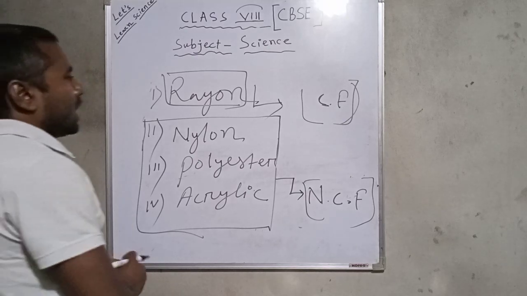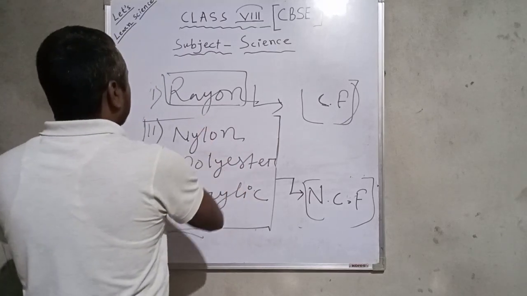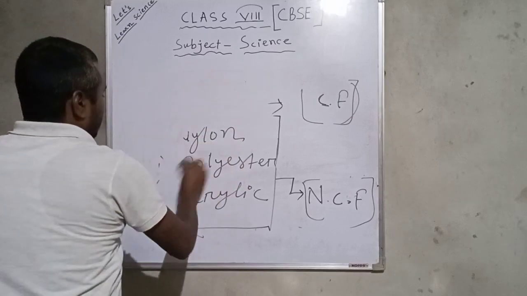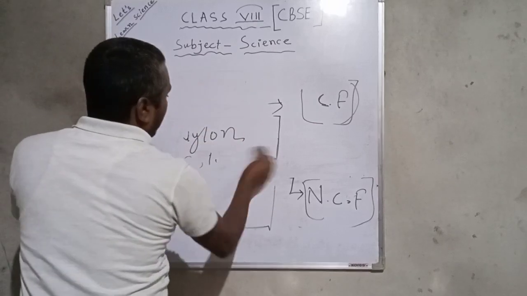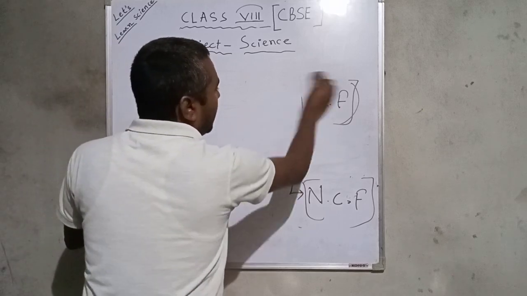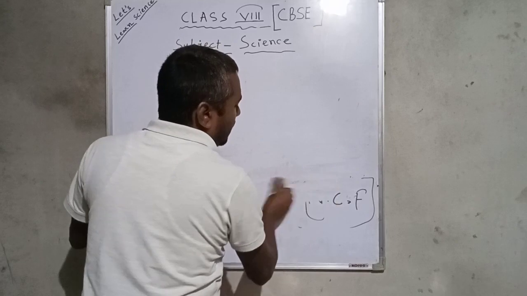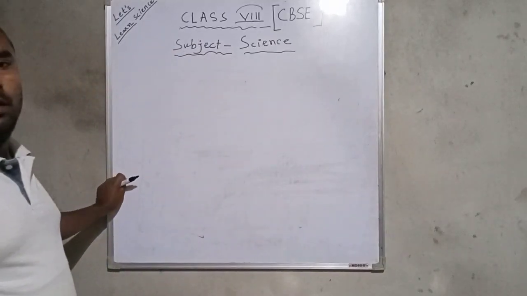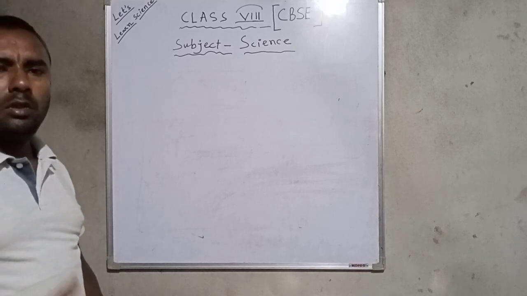Then in the second part of the lesson, I am telling you that knowing the content of the lesson is very important. Without knowing the content, if you go through the lesson, it will be very difficult to understand. The lesson will not come into your grip.